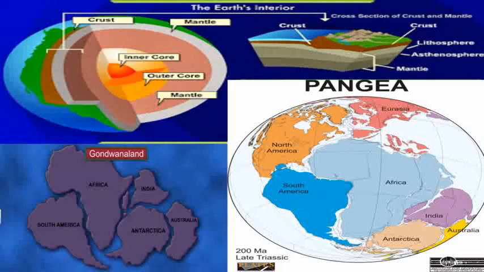The crust is not a single solid land. It is broken into many pieces because of tectonic plates.